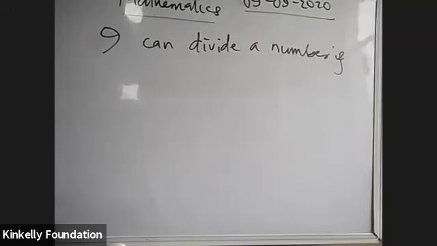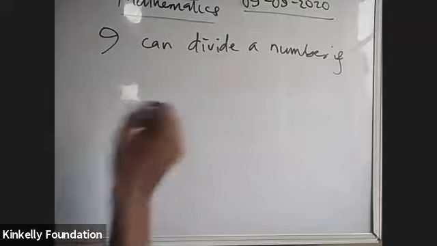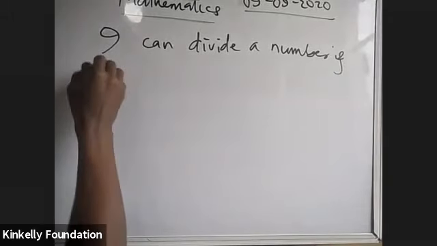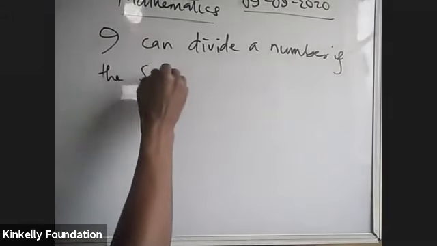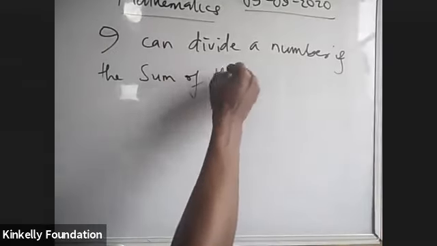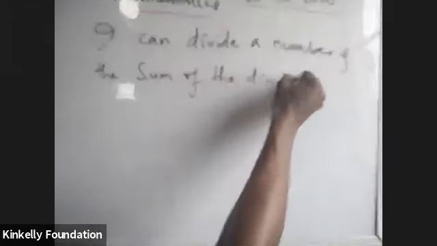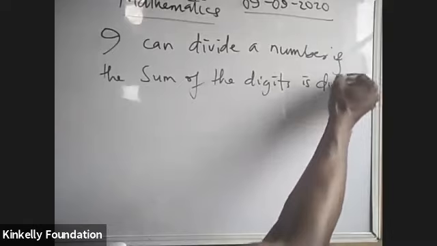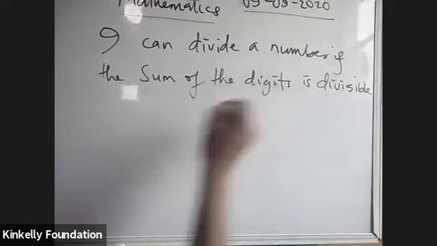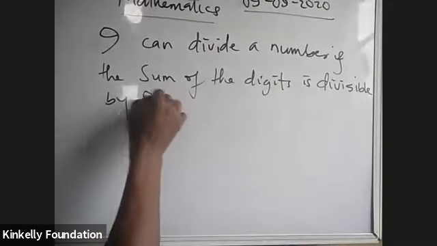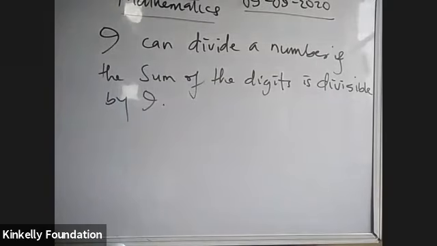Now you say that 9 can divide the number if the sum of the digits is divisible by 9.